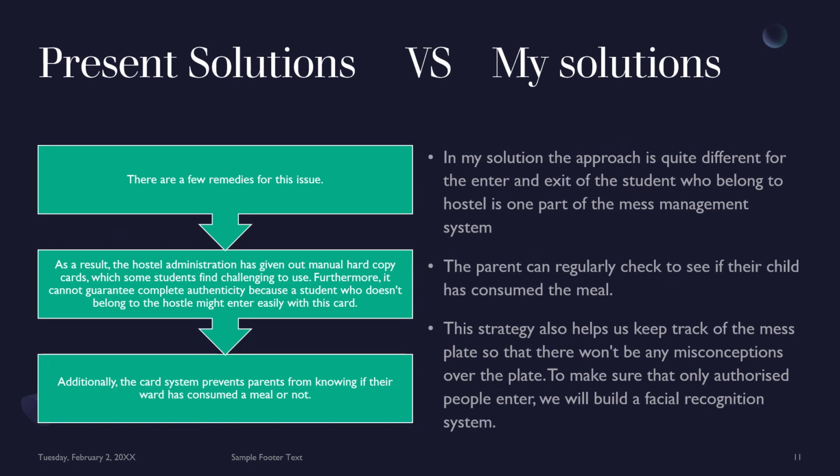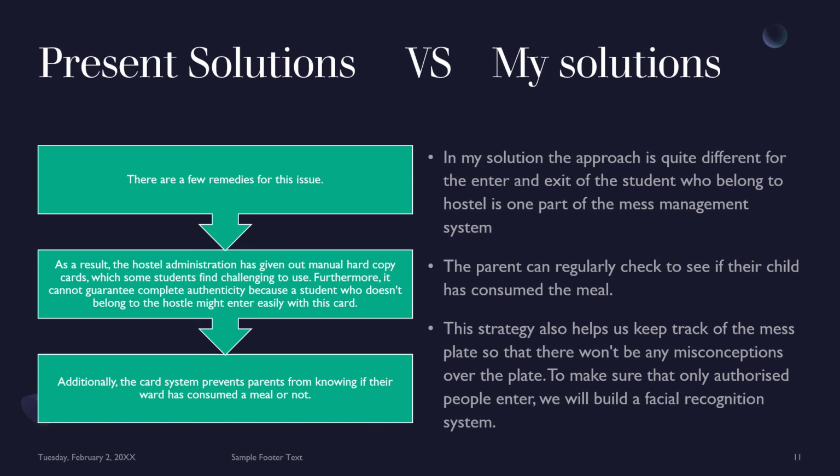Present solution and my solution, and the difference between them. There are a few issues with the present solution. The hostel administration has given out a manual hard copy card, which some students find challenging to use and to keep in good condition.